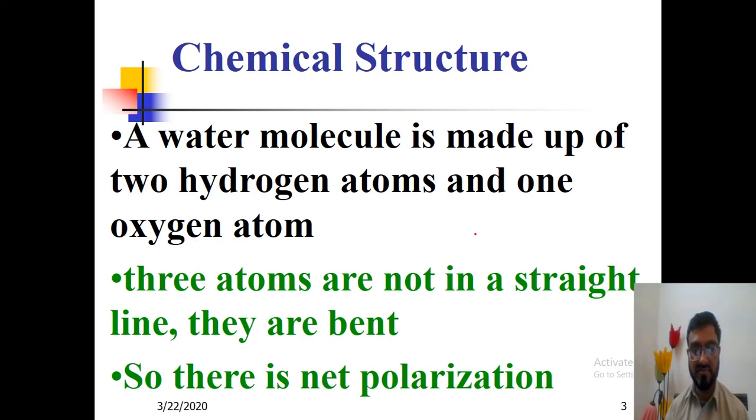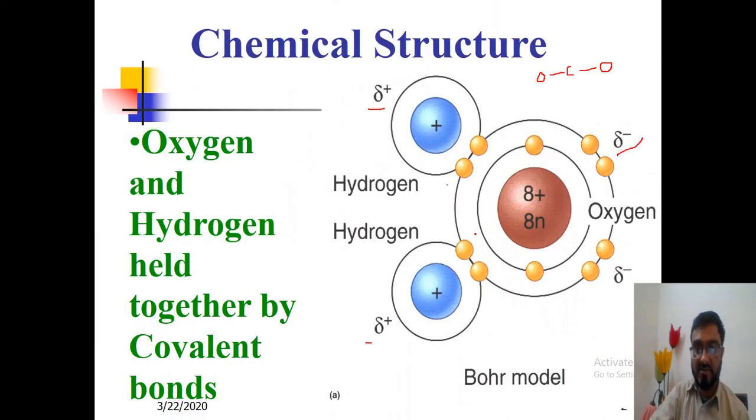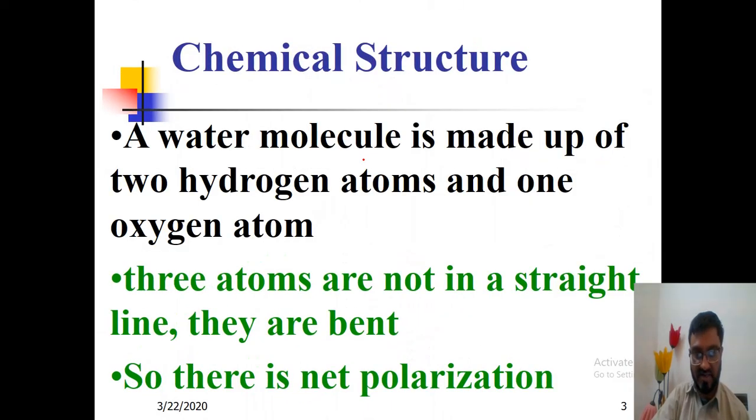This bending, in the presence of the partial negative and partial positive charge, gives the water molecule a net polarization. And that is very important for giving water so many properties, especially the solubility property, which is affected by the net polarization.